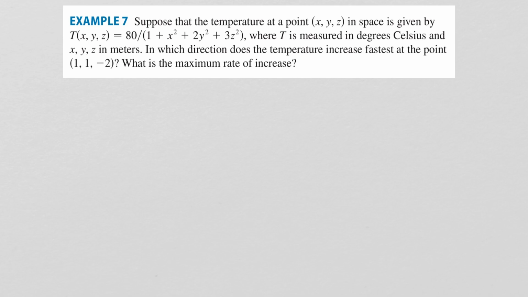All right, so first of all, let's go ahead and rewrite our function T. I'm going to write it as 80 times (1 plus x squared plus 2y squared plus 3z squared) to the negative 1 power. Then we need the partial derivative of T with respect to x, with respect to y, and with respect to z.